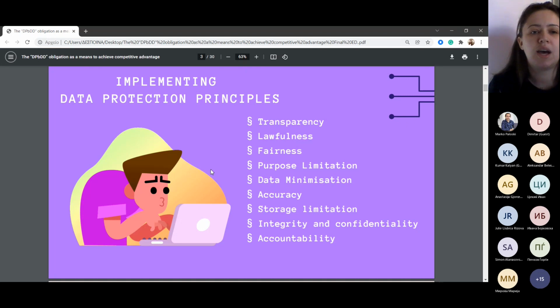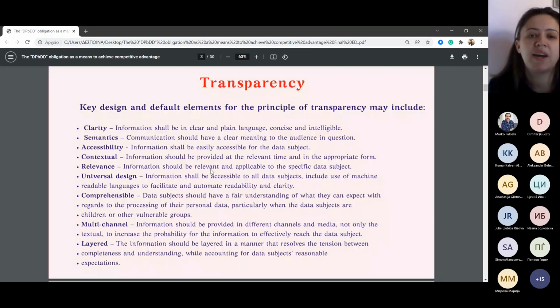So let's proceed to each one of these guiding principles to give a clearer insight. When we talk about transparency, some key design and default elements for the principle of transparency may include the following, and it is always suggested to include them.